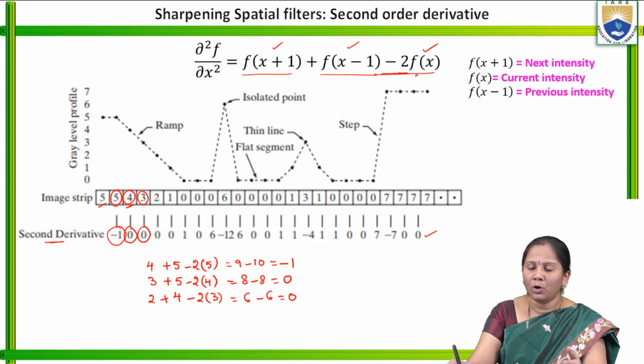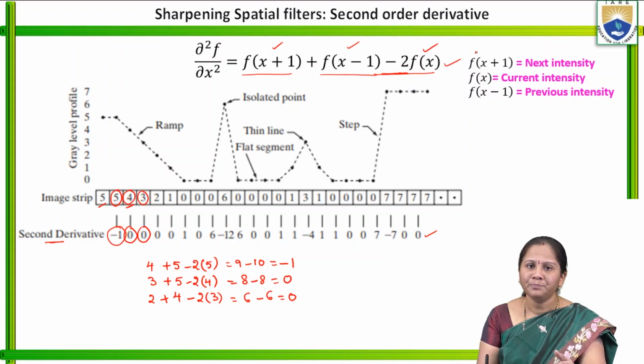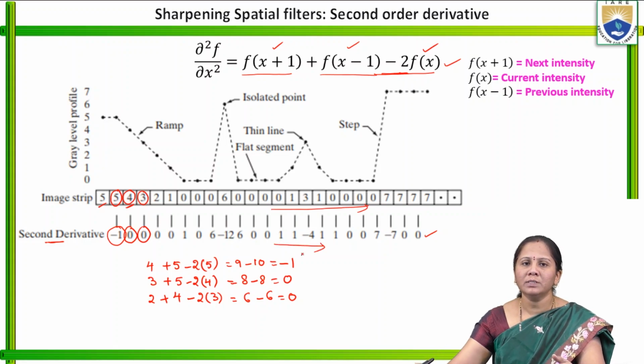So considering all intensities, apply this formula. For all these values, we are going to get these second order derivative values. So we have taken the one-dimensional function f(x) and we have applied first order and second order derivatives on that.